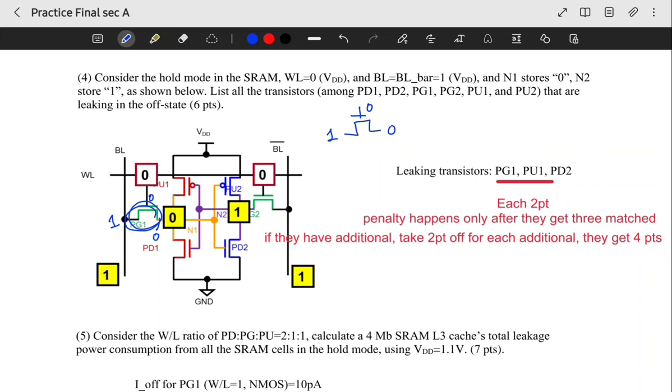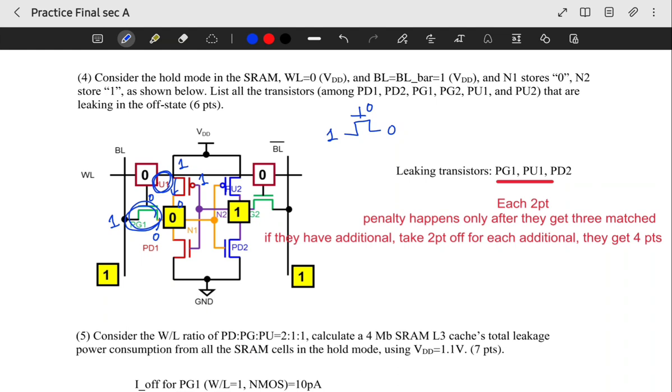PU1 here is VDD, so let's say it's equal to 1, and the other side is 0. Since this one is PMOS, if we apply 1, this one should be turned off. The thing is, we have this much difference, so this one is leaking as well.